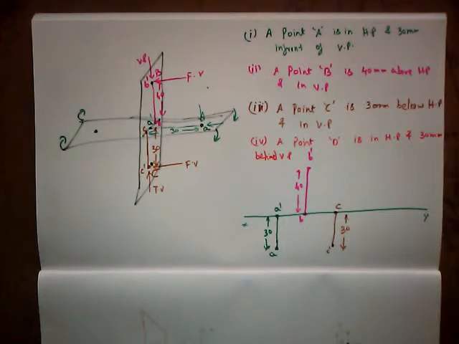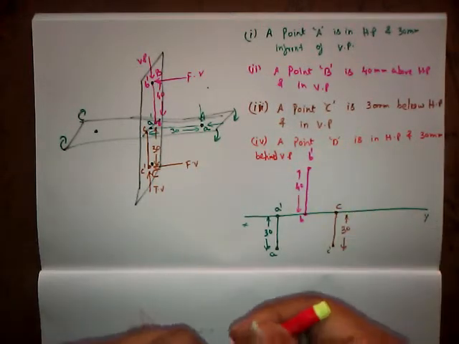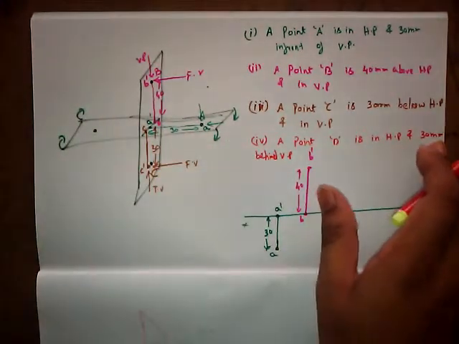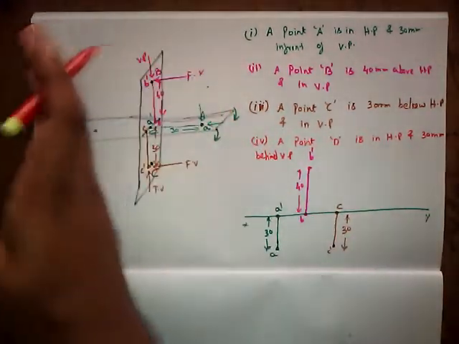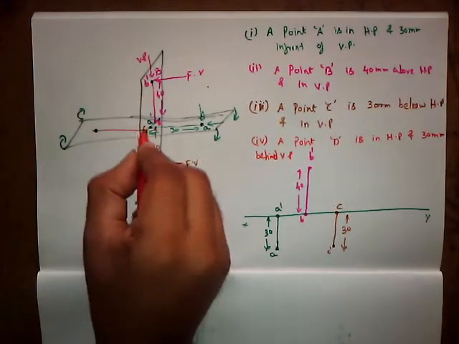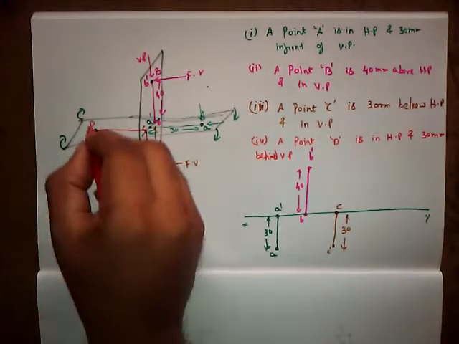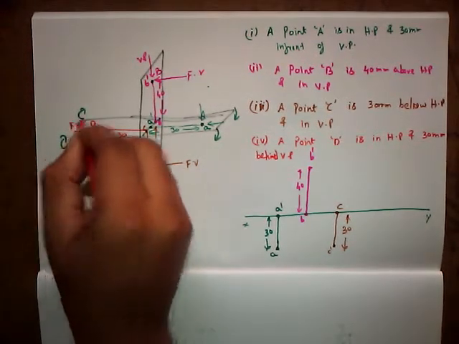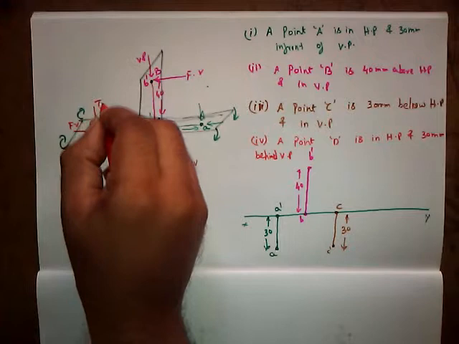According to the question, the point name is D, and it is in the HP. In the HP, in the sense it can be over here or else here. He said 30 mm behind VP. Behind in the sense go back. So the point is in HP and 30 mm behind. So this is point D, and this is 30 mm. So this is going to be our front view, and this is going to be our top view.